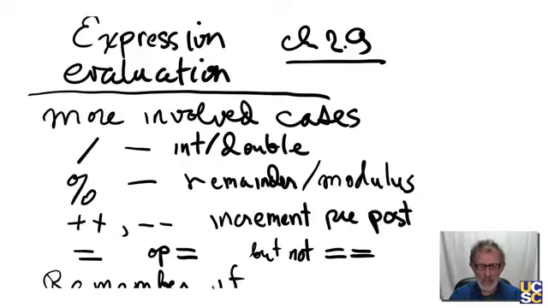Similarly, people have trouble with the remainder or modulo operator, the modulus operator. Somehow they don't use that as much in daily practice, so it's hard for them to remember how it works. Then there are operators that are unique to the C language, and they include auto-increment and auto-decrement, which are plus plus and minus minus.